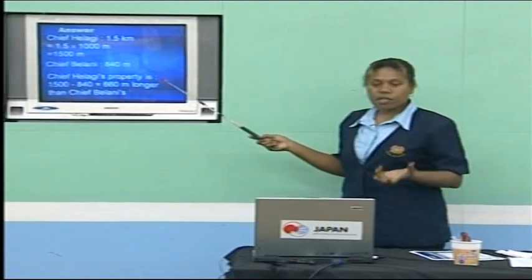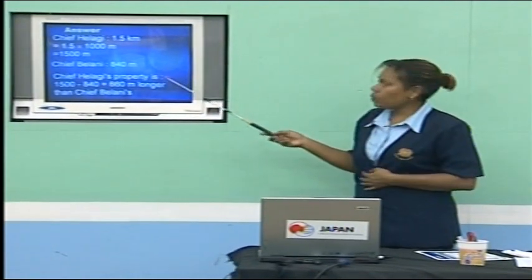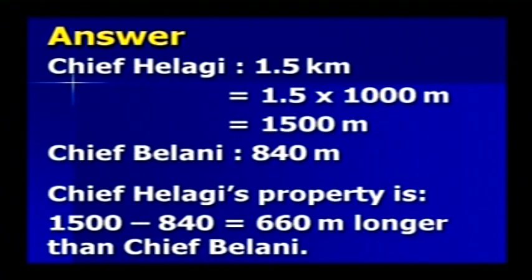So here we are going to change Chief Helagi's property, 1.5 kilometers. We're going to convert kilometers into meters, so that the unit is the same as Chief Belani's. Class, are you with me?